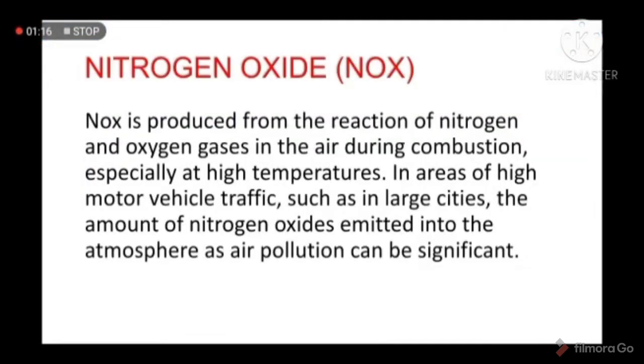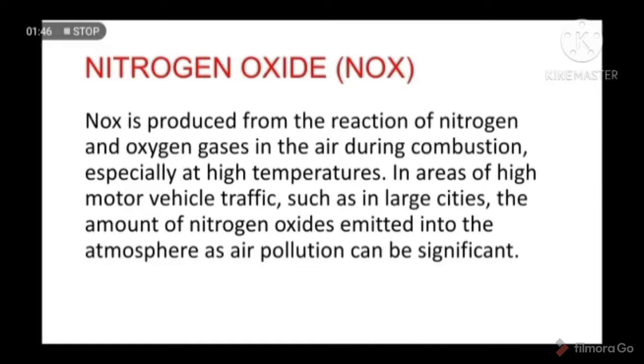Next, we have nitrogen oxide or NOx, which is produced from the reaction of nitrogen and oxygen gases in the air during combustion, especially at high temperatures in areas of high motor vehicle traffic, such as in large cities. The amount of nitrogen oxides emitted into the atmosphere as air pollution can be significant.